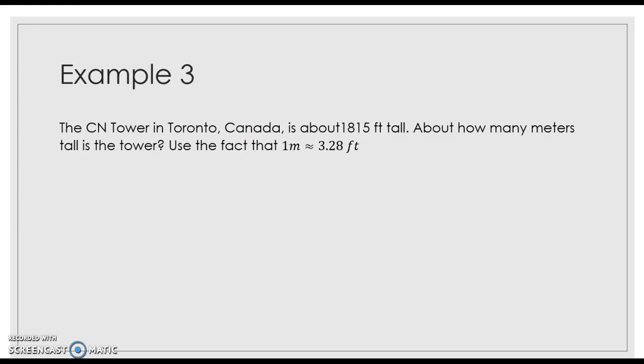The CN Tower in Toronto, Canada is about 1,815 feet tall. About how many meters tall is the tower? It gives us that 1 meter is approximately 3.28 feet. And so I'm going to start with what I know.